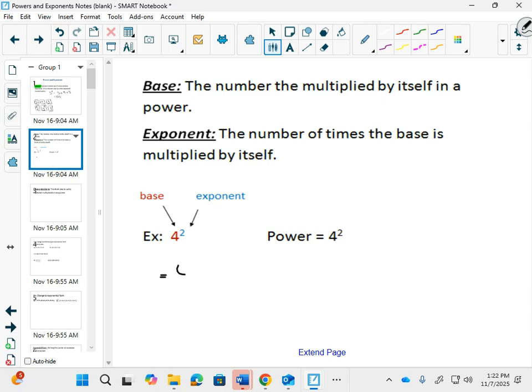It is equal to 4 times 4. We take the base and multiply by itself as many times as the exponent. What's 4 times 4? 16. So 4 squared is 16.